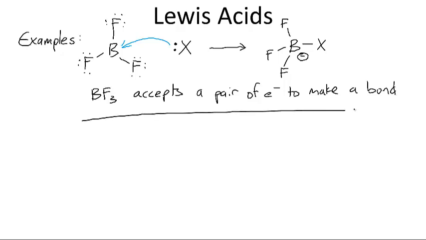More commonly, what we see as Lewis acids would be metal ions, particularly transition metal ions. So, for example, we could take iron 3+.